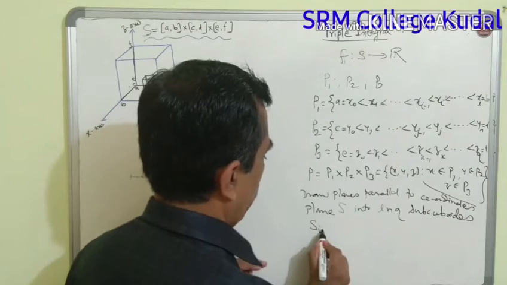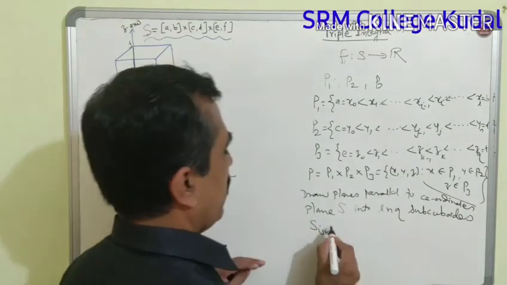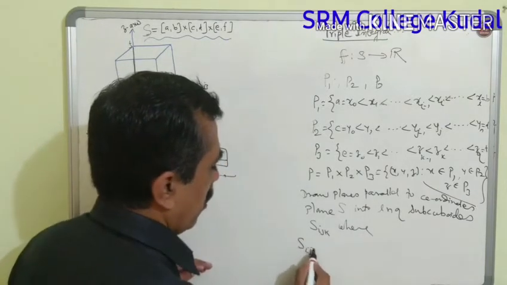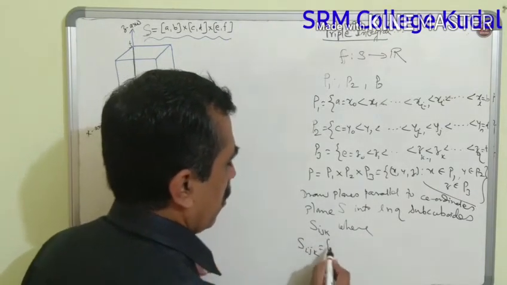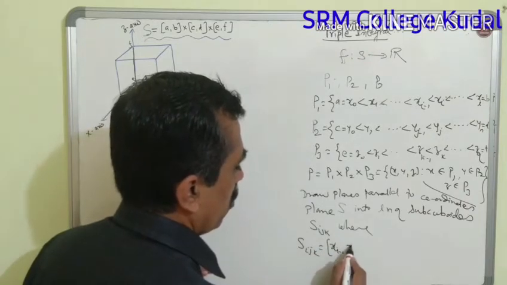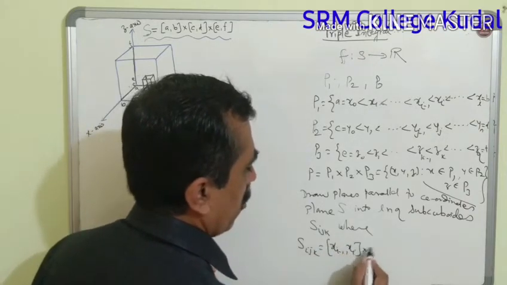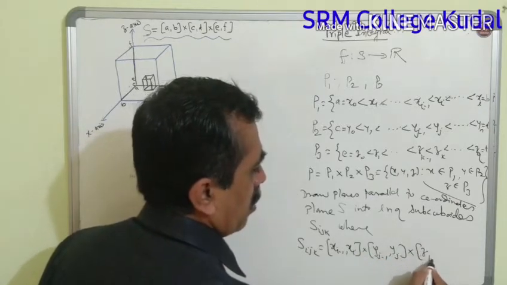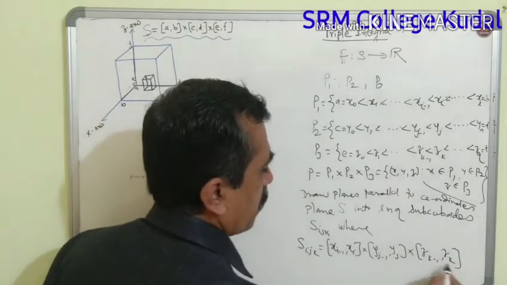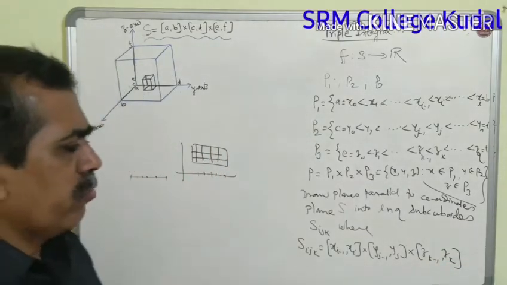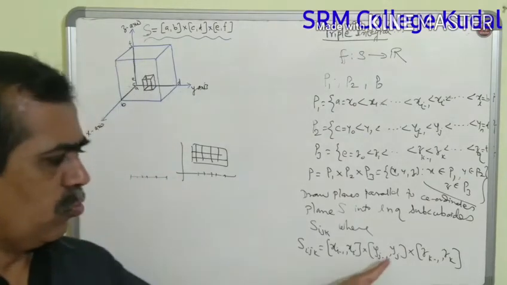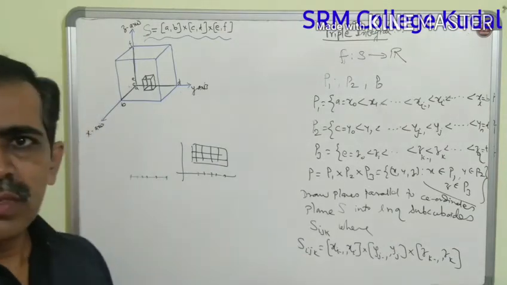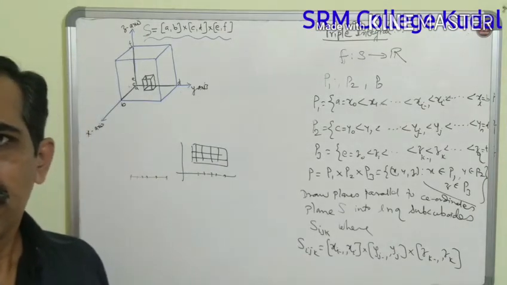I will write any general subcuboid as SIJK. What is SIJK? SIJK is the Cartesian product of the closed intervals [xi minus 1, xi] cross [yj minus 1, yj] cross [zk minus 1, zk]. Or you may write it as the collection of all x, y, z such that x belongs to this, y belongs to this, z belongs to this, because this is a 3-dimensional subpart of the cuboid.